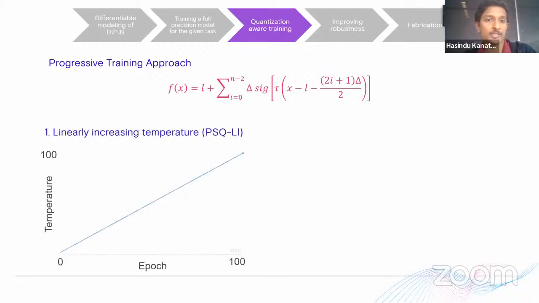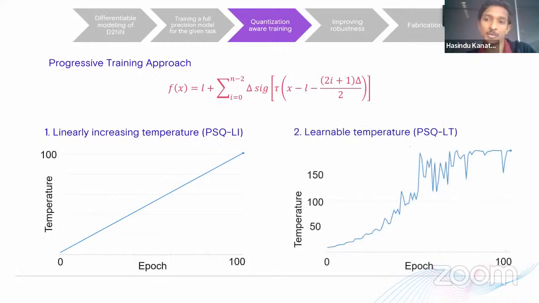For this, we use two approaches. The first one is the linearly increasing temperature. In this case, we start the temperature at a smaller value, and we linearly increase it as the training progresses.